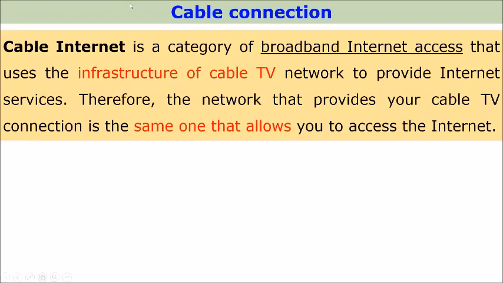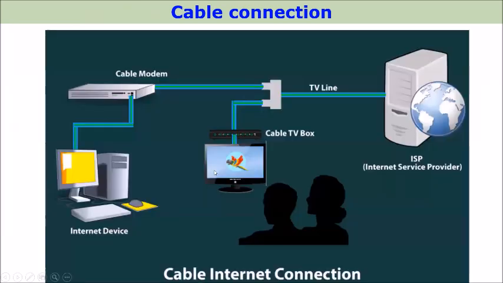Right, okay, then look at the diagram here. It will explain more about how the cable connection links with the internet. Look at the diagram here. In the right corner, you can see the ISP or internet service provider. This is the one giving you a cable connection.